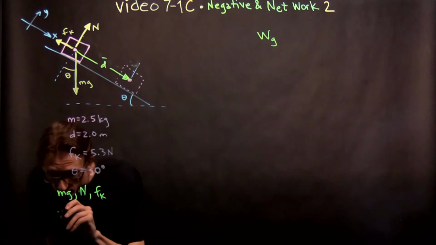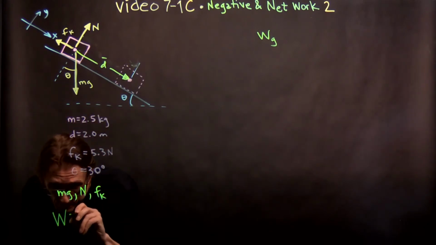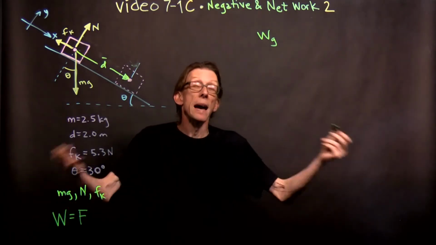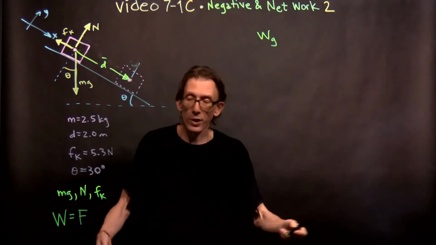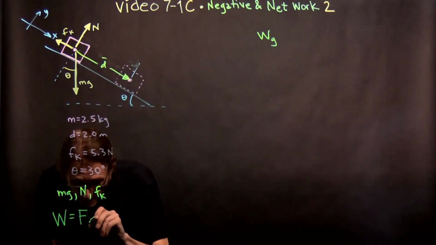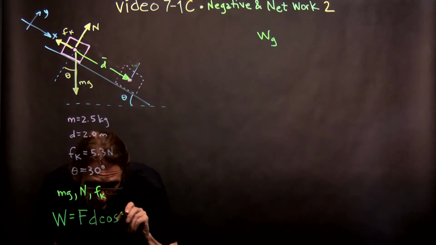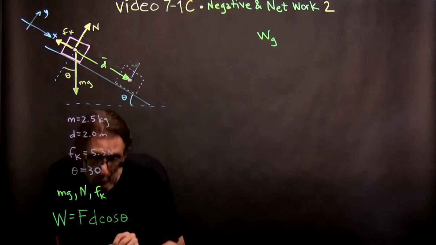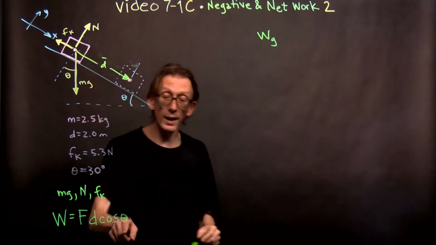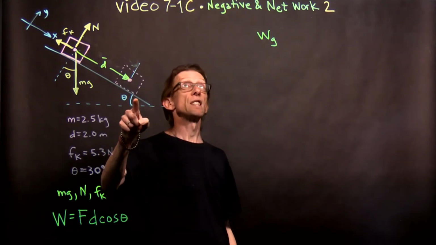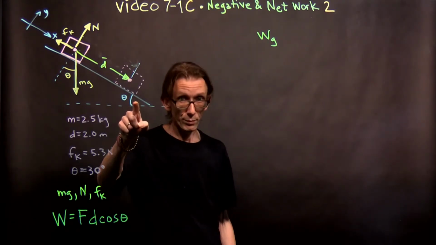Well, you'll remember, I'll put our general formula down here. Work is the magnitude of whatever force is doing the work, times the magnitude of the displacement, times the cosine of the angle between them. Now this theta and that theta are not the same theta. Please note.